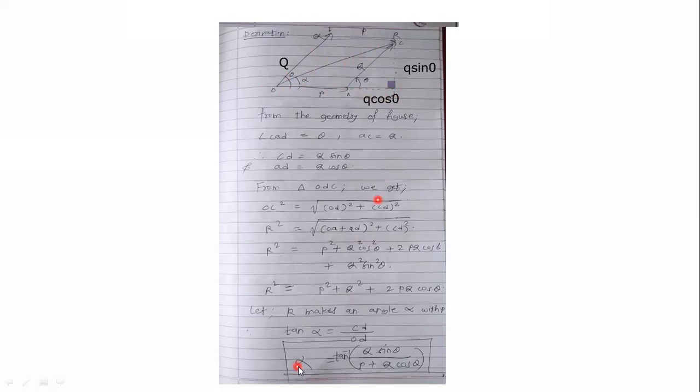So alpha will be equal to tan inverse of Q sin theta divided by P plus Q cos theta. Don't worry about this derivation, no one will ask you in the examination. Only the formulas will be asked, and in the numericals only, because you have to solve the numericals based on these formulas.